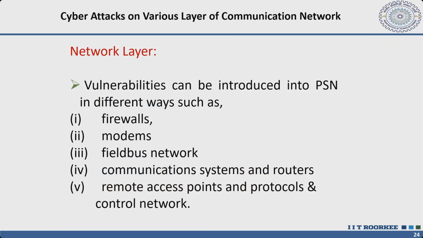When several devices are there in the electric grid, there are various elements like firewalls, modems, field bus networks, communication systems and routers, gateways, remote access points, protocols and control networks. All the data we are transferring goes through the network layer, and the attackers are trying to attack this network layer instead of attacking the hardware layer, software layer, and firmware layer.